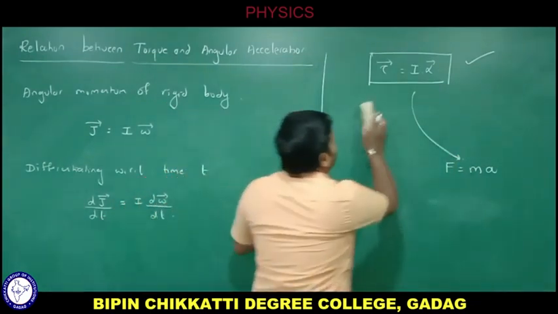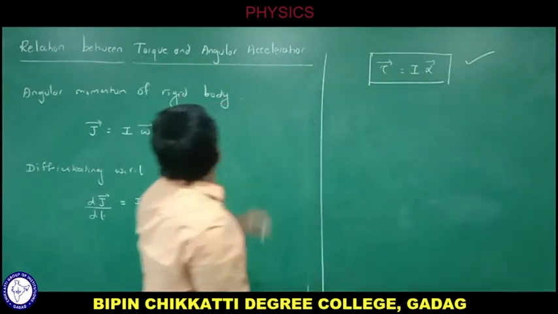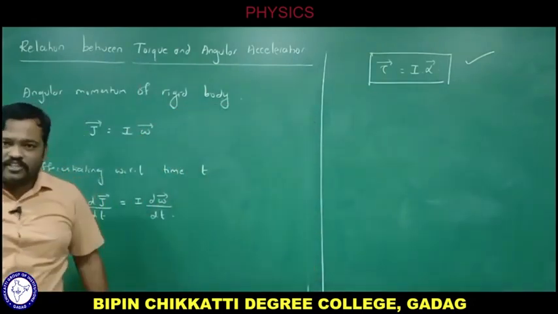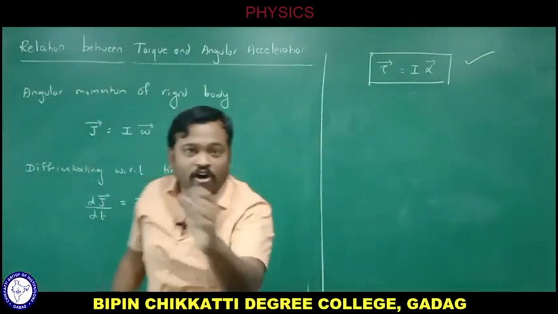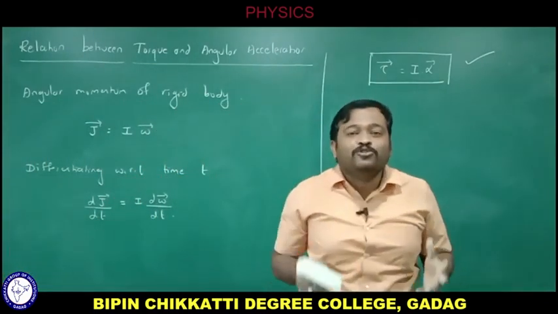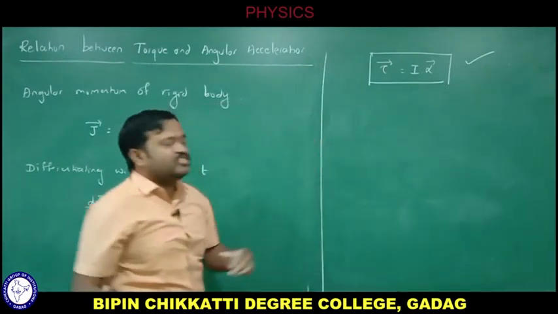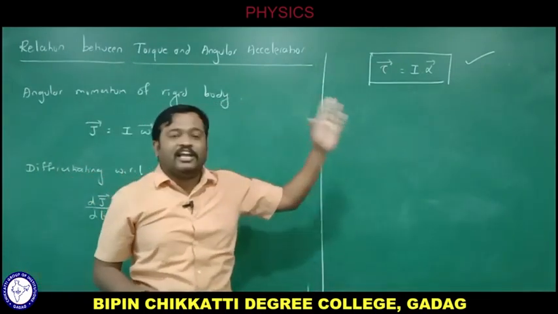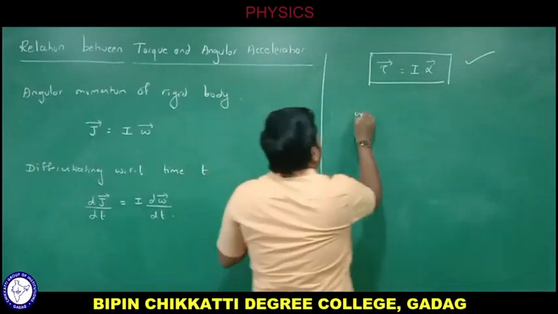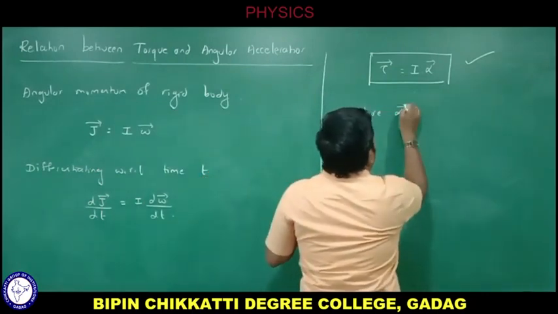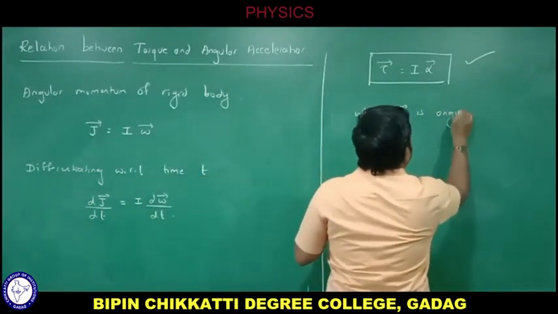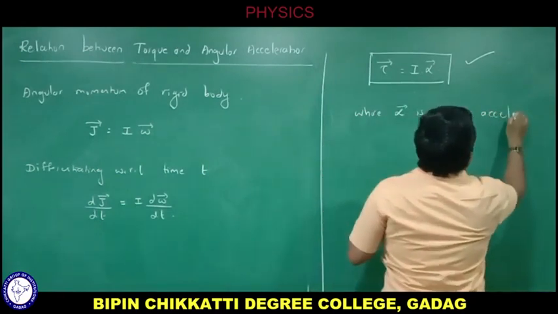Do remember this. This is the relationship between torque and angular acceleration. When a torque acts on a body, it produces angular acceleration. The formula is tau is equal to I into alpha, where alpha is angular acceleration.